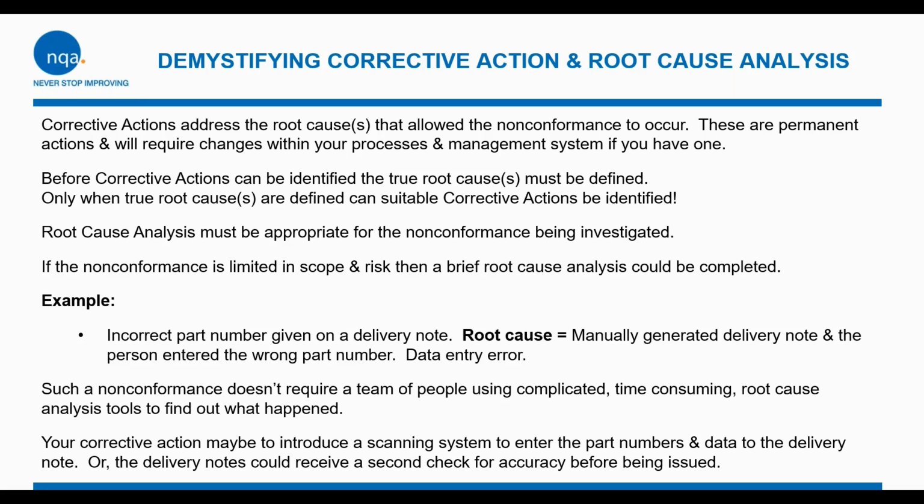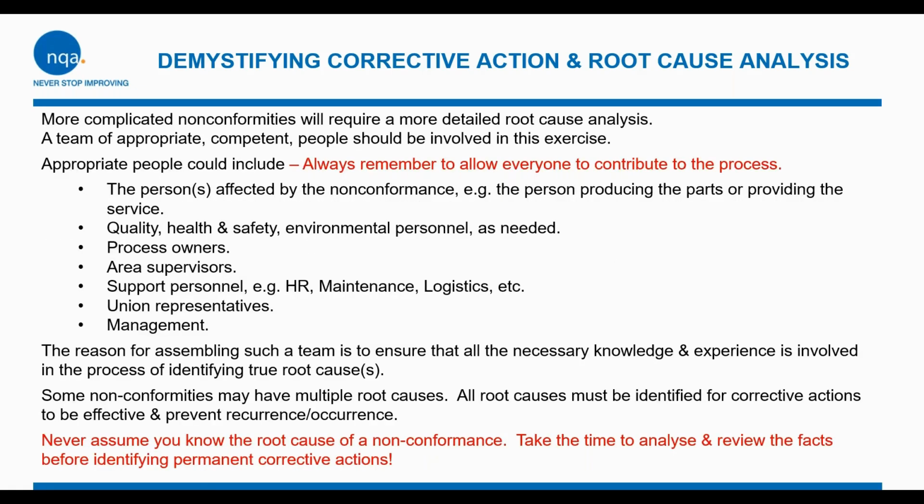You could potentially look to having a scanning system that scans the part number and the quantities directly onto the delivery note, so nobody's entering the data. Or the delivery notes could receive a secondary check, although this again is reliant on a human being and might not be 100% effective. More complicated non-conformities will require a more detailed root cause analysis.